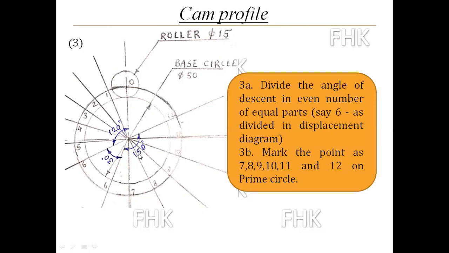Divide that 150 degrees into 6 equal parts. Your numbering will start from here. This will be the dwell period line, angle from the start, 6, 7. The first part will be 7, 8, 9, 10, 11 and 12.